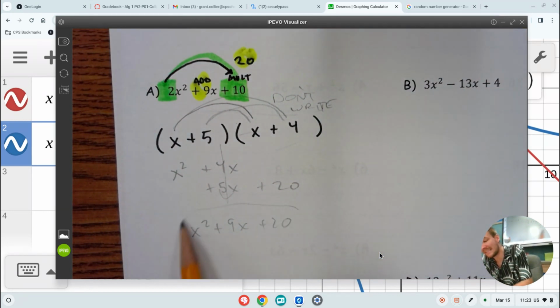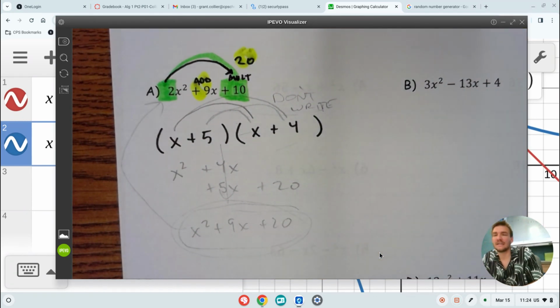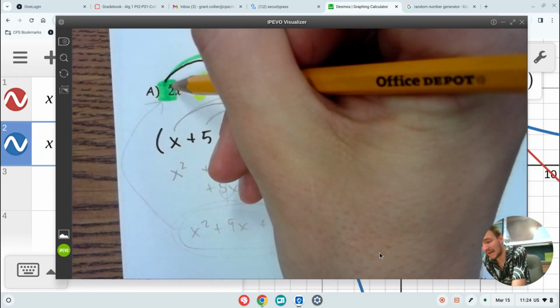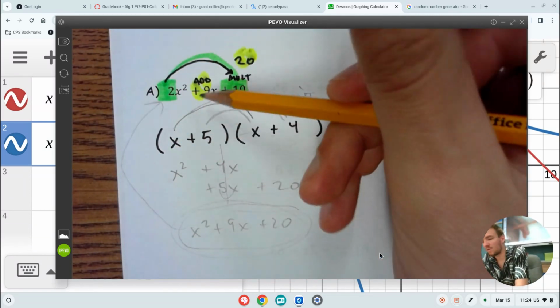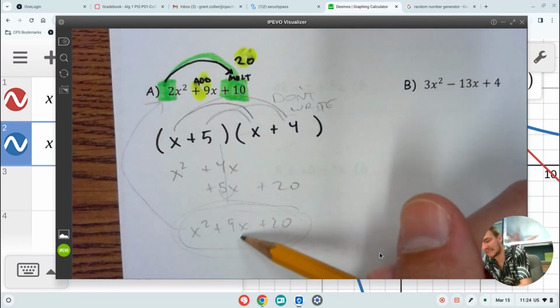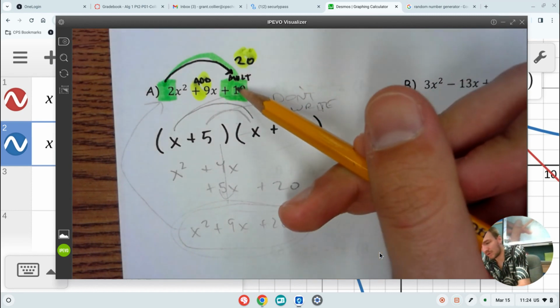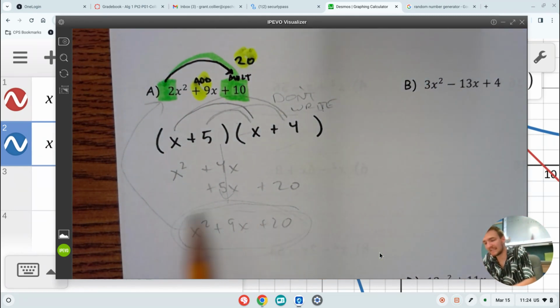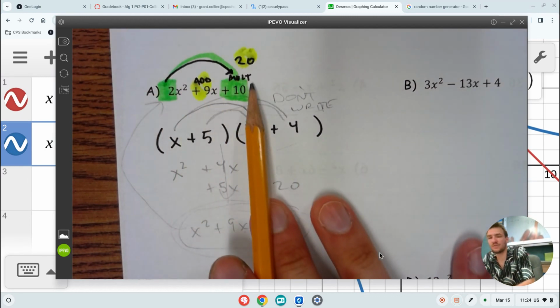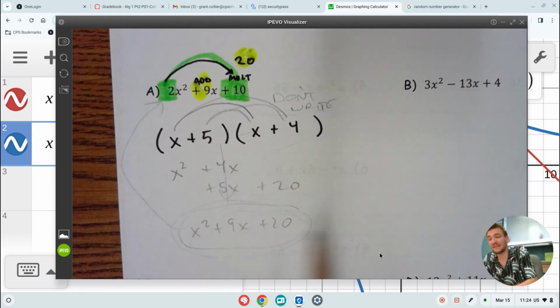Now, is this where we started? No. Because we're supposed to have 2x squared. We don't. We're supposed to have 9x. We do. And we're supposed to have 10, but we have 20. This is the version where we move the 2 to the back, but this doesn't work.